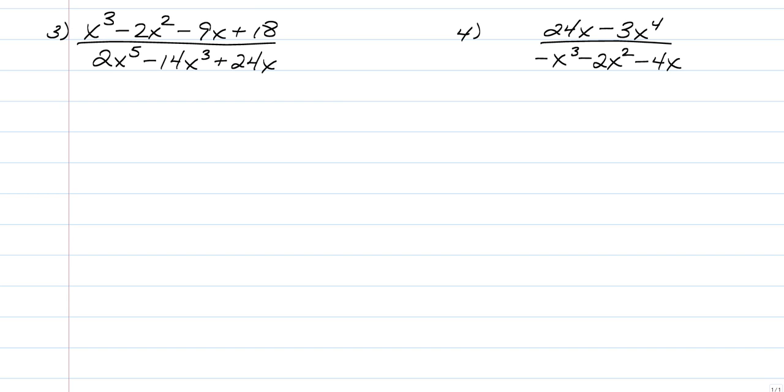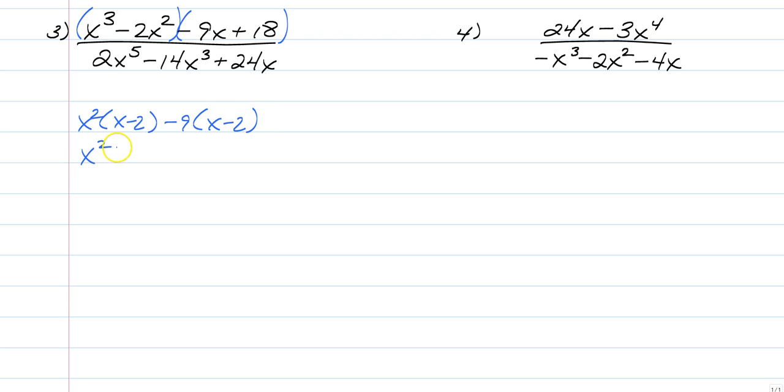Okay, so for number 3, we can see that this is an expression that we could have factored by grouping. So if we would have factored out our greatest common factor of the first set, we would have x squared, leaving us with x minus 2. And we would factor out a negative 9 for the second one, leaving us with an x minus 2.